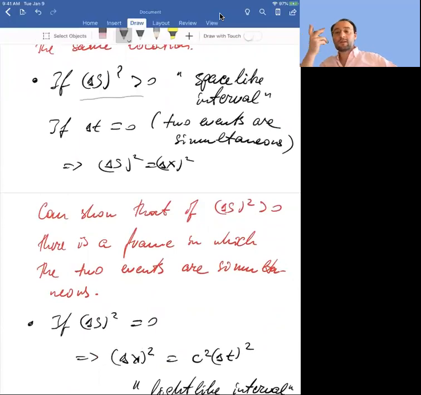This is a little bit harder to visualize than my train example. If it's a space-like interval, you cannot find a frame in which the two events take place at the same location. You would have to go faster than light for that. You can't find a fast enough train. But you can find a frame in which the events are simultaneous. That one is harder to visualize, but it can be shown.